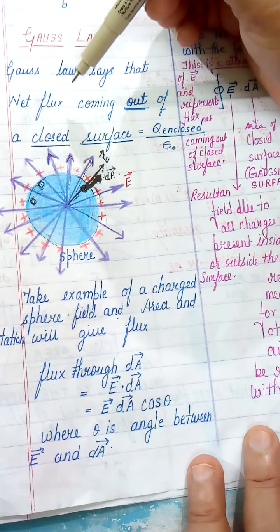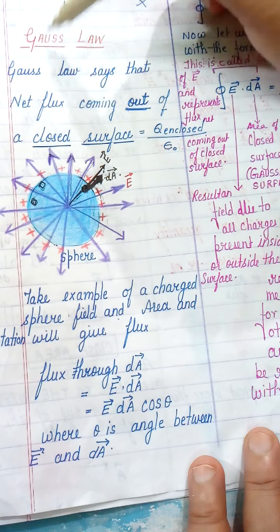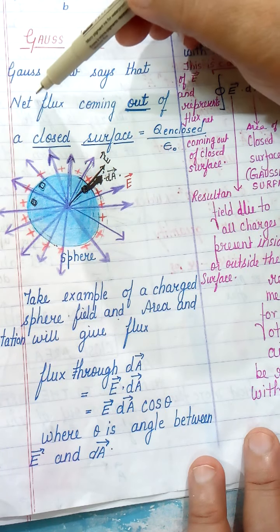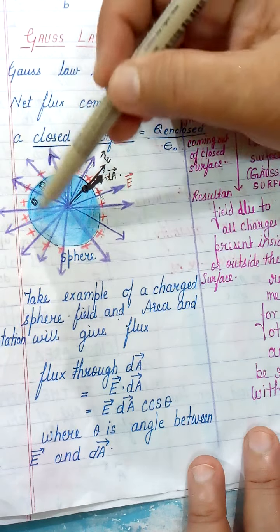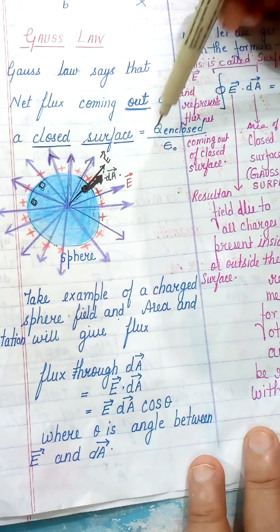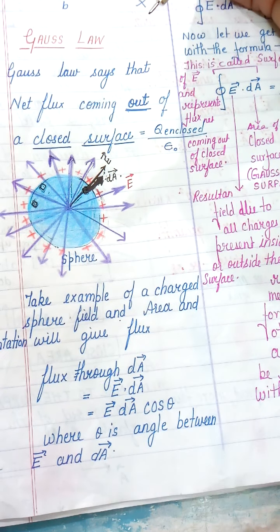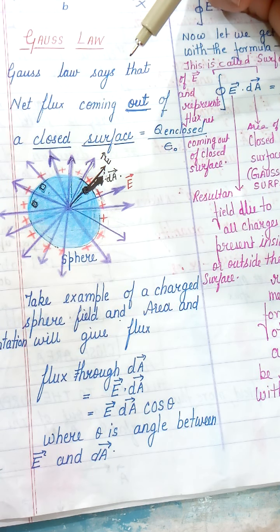Now why are we calculating flux? Because Gauss law says that the net flux coming out of this closed surface is the charge enclosed by the surface upon epsilon naught. So why are we going to apply Gauss law?